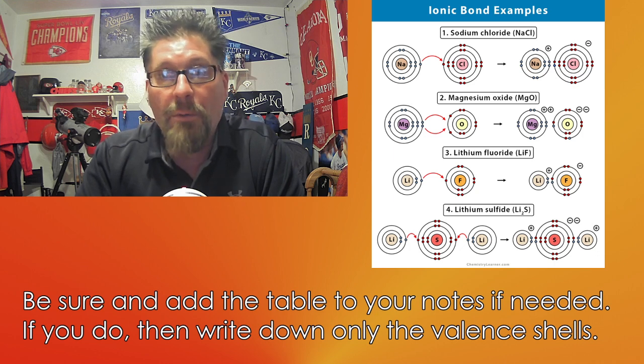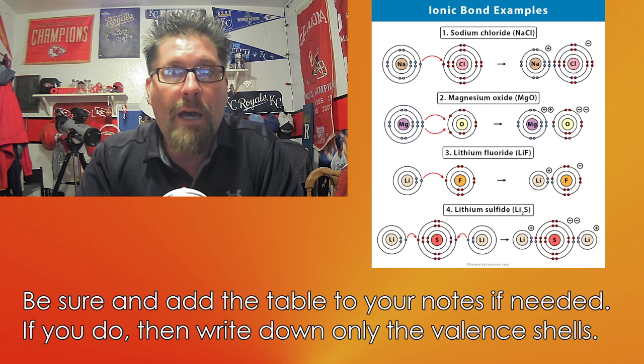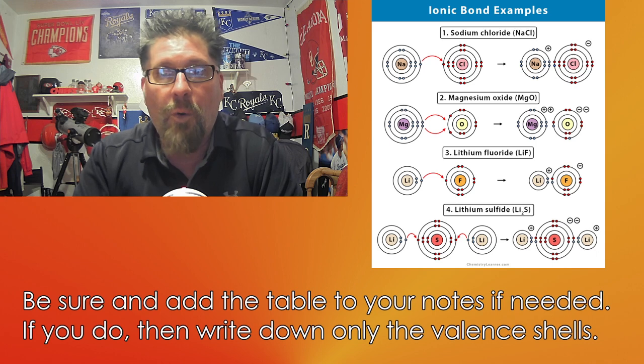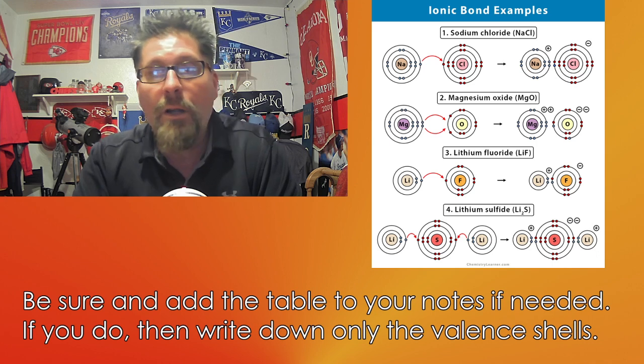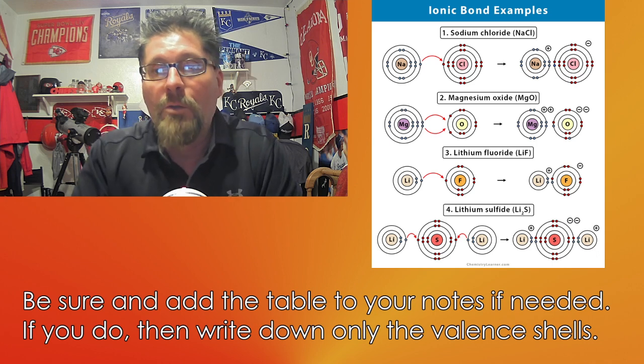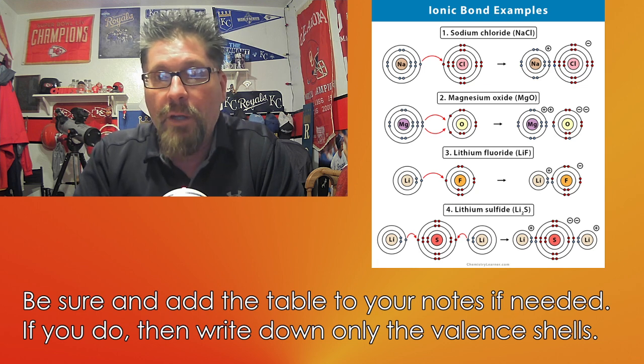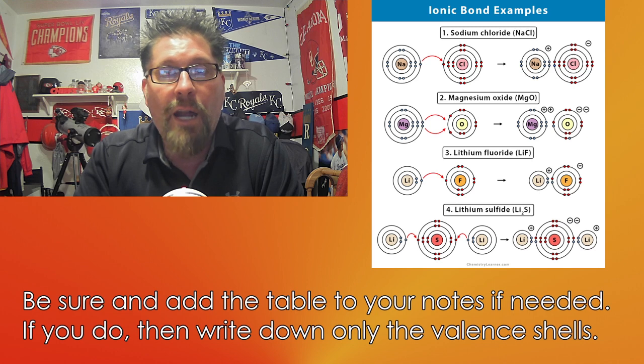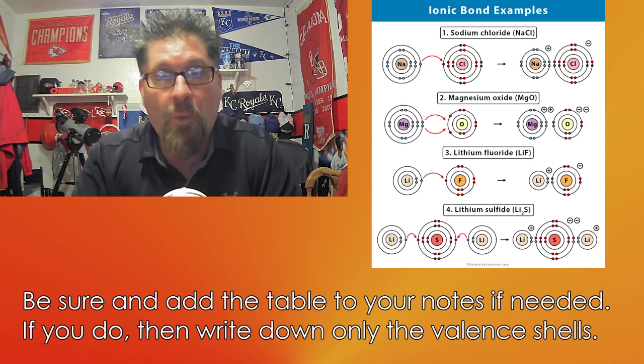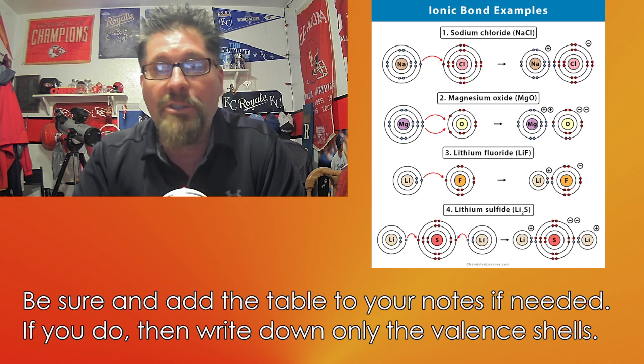Our fourth example is one where typically we have seen one atom take from one and meet the octet rule, or one atom take two from one. But now we're looking at one where the sulfur needs two, but it doesn't find a partner that has two. It finds partners that have one and takes one from each of them.